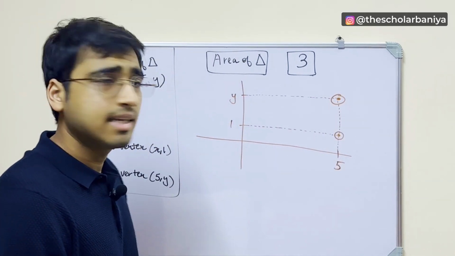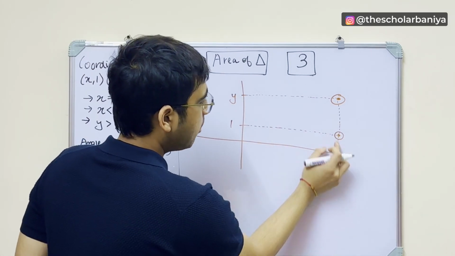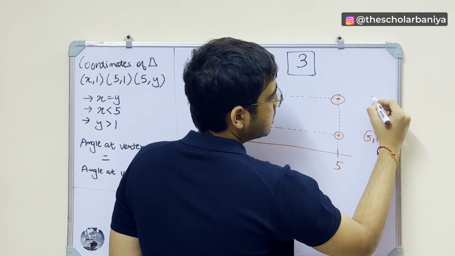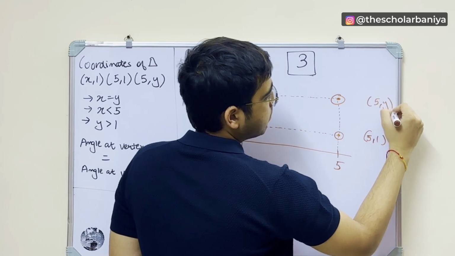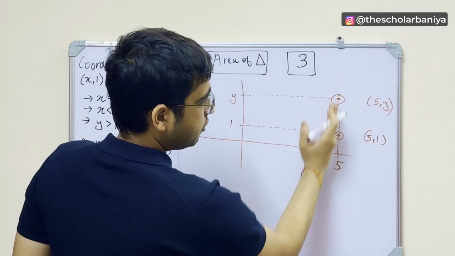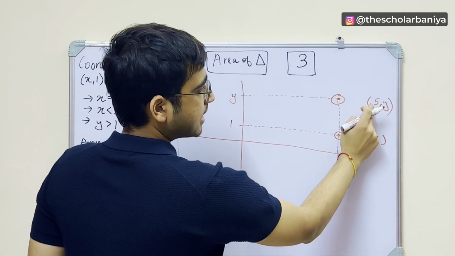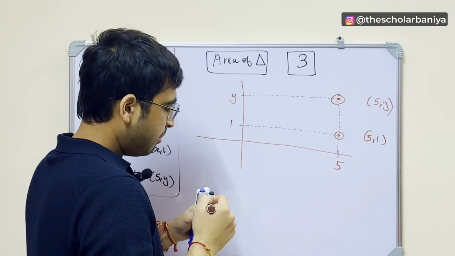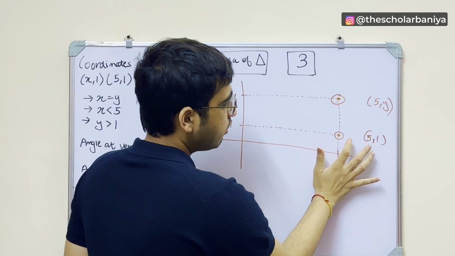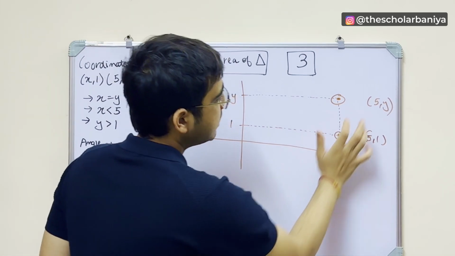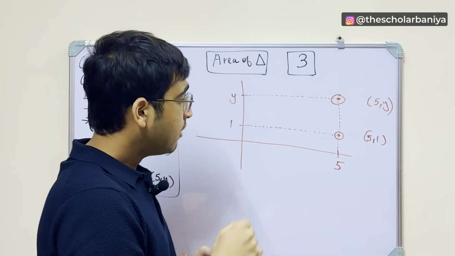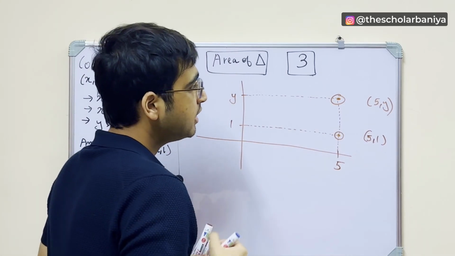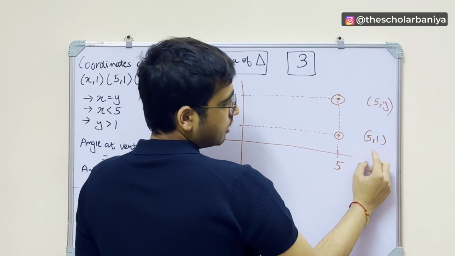I hope this makes sense, right? This is (5, 1) and this point is (5, y). This is in a straight vertical line because the x coordinate of both is the same, right? So tell me one thing, if this is (5, 1) and this is (5, y), then what is the distance between these two points?